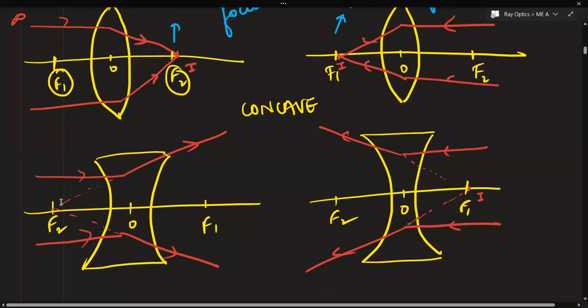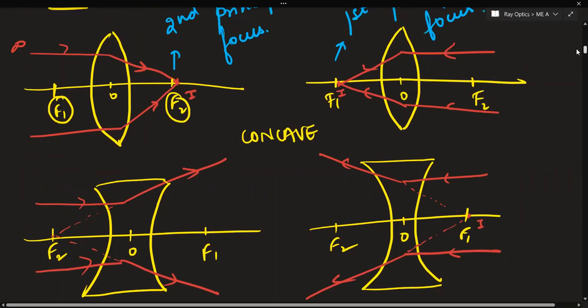As I've told you, the second principal focus is important for lenses, but it is not very specific. Whatever the direction of light, in the opposite direction the images will be converged or diverged. That is not a very important thing to note down, but what you should remember is this: two foci are there, and depending upon the direction of incident radiations, images will be formed at either of the foci.